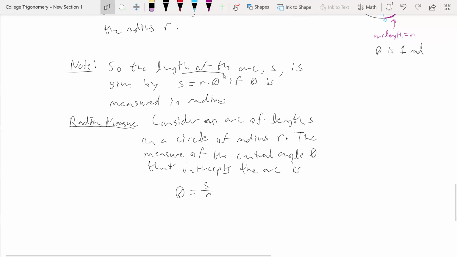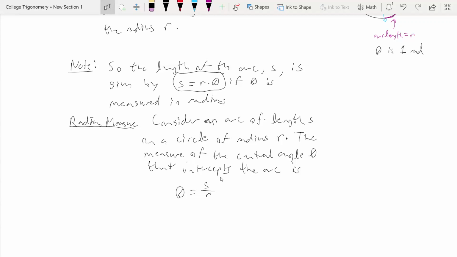Which is just the same equation as this if we divide both sides by R. So arc length can be gotten from angles in radians, and your angle measure in radians can be gotten from this formula, where the arc length is divided by the radius. Radians are best thought of as a conversion factor between arc length and the radius of a circle.